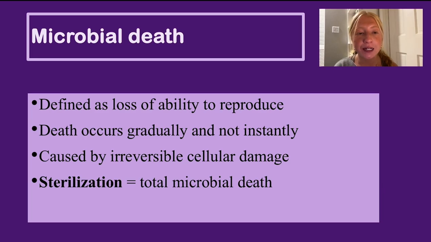Death occurs logarithmically, which means the more time or concentration, the more microbial cells will die. And the goal of sterilization is to reach a point where no viable cells remain.